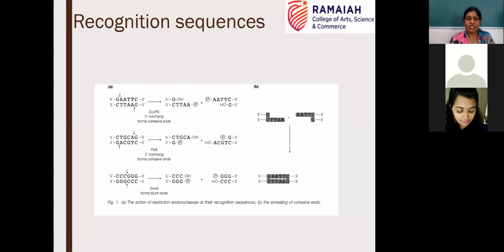When the restriction enzymes cleave the DNA in the recognition sequence, there are 3 different possibilities for the restriction fragments.